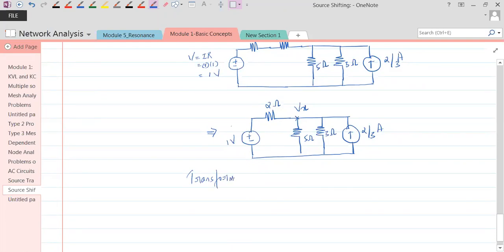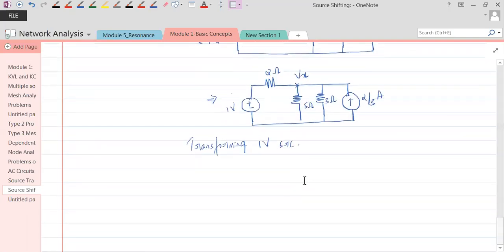Transforming the 1 volt source. So how does it look like now?